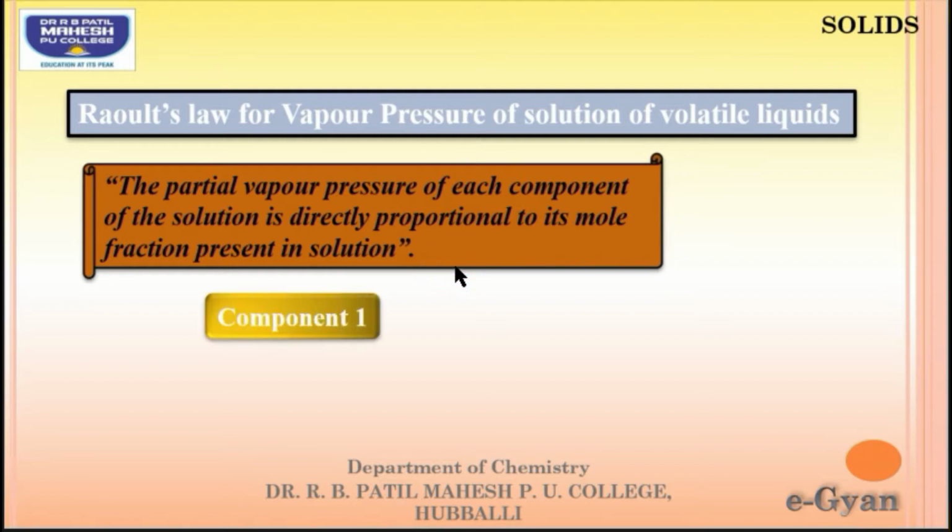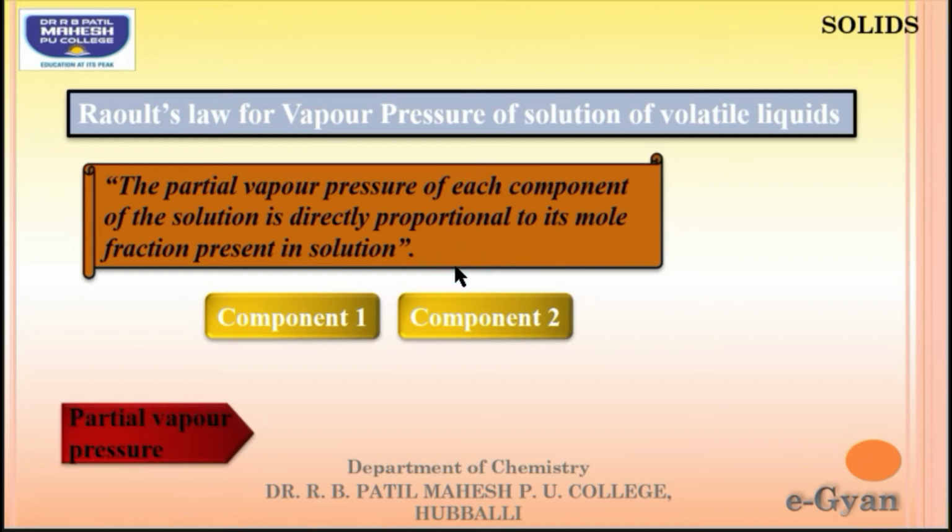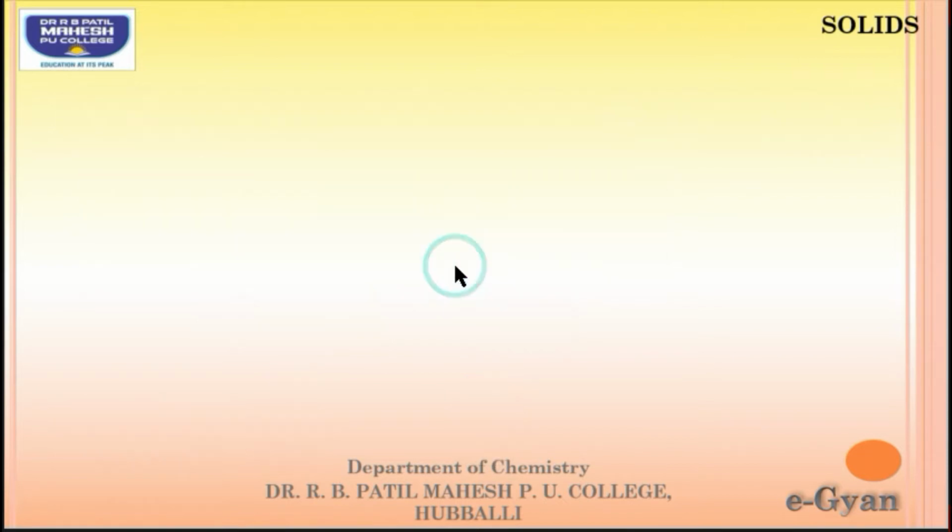Let me take one component and a second component. The partial vapor pressure of the first component is given by P1, whereas the partial vapor pressure of the second component is given by P2. Then according to Raoult's law, total pressure is the sum of the partial pressures of both components.